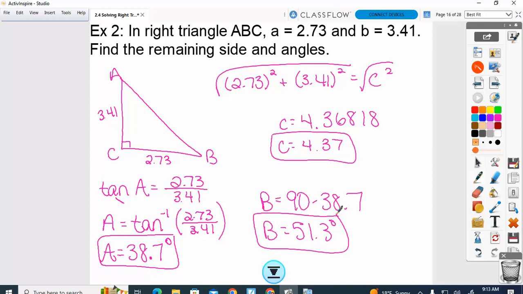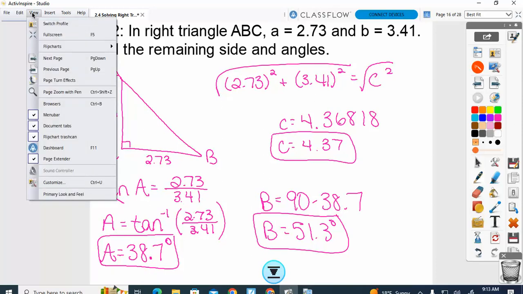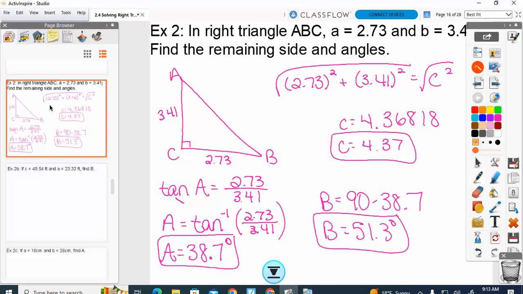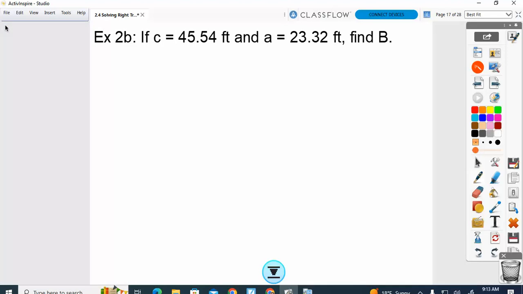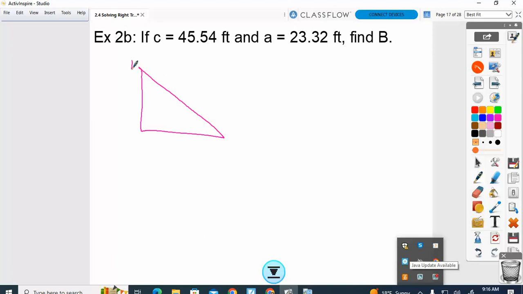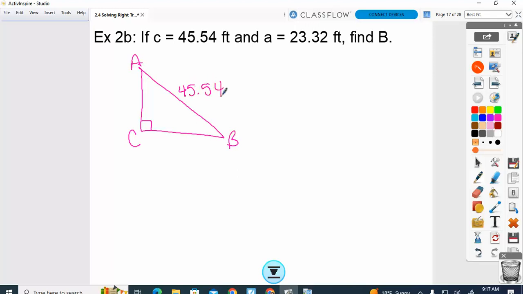Why don't you guys try one? And we'll go with this one. I'm not asking you to find everything on this one. You just are asked to find one particular angle. You guys have it set up like this, and all we had to find was angle B here.